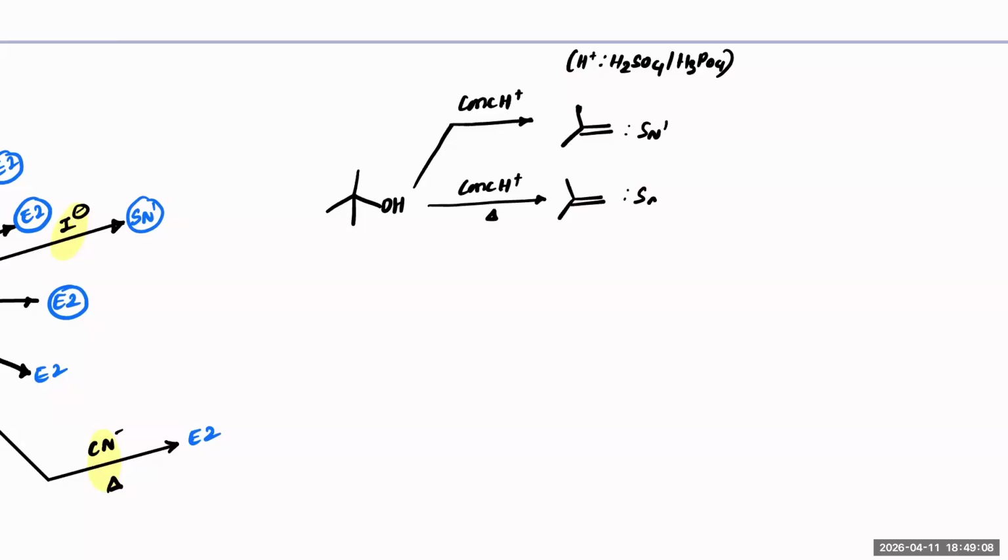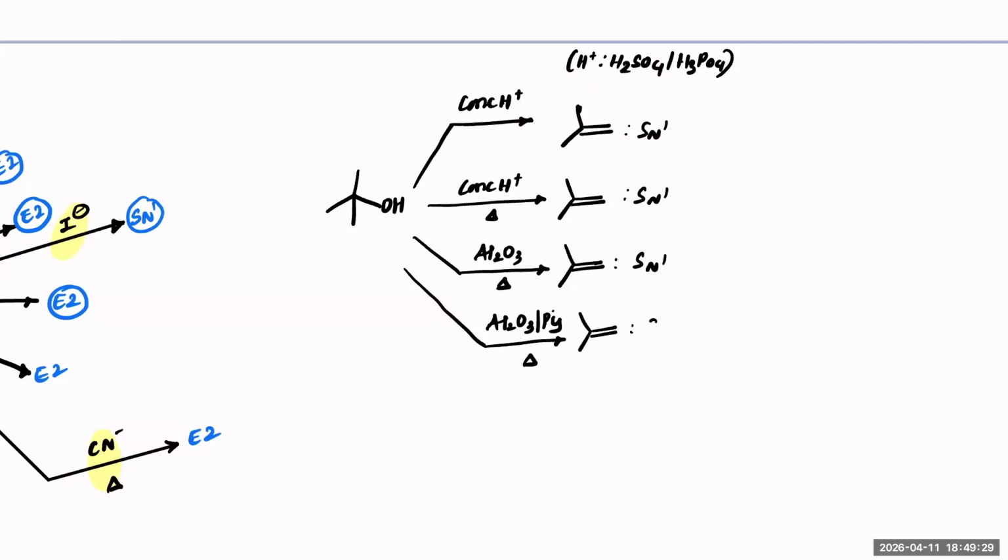Here also it is SN1. If this is being treated with Al2O3 and heat also, same product and it is going to be SN1. Here, if Al2O3 is provided in the presence of pyridine, with pyridine and heat, then also you will get alkene, but this time via SN2 with Saytzeff as the major product.